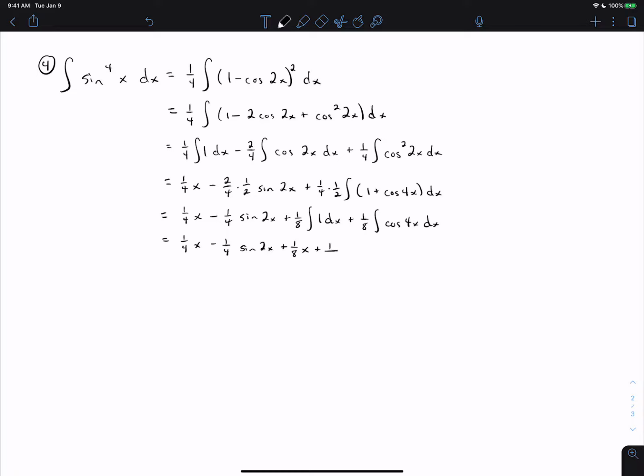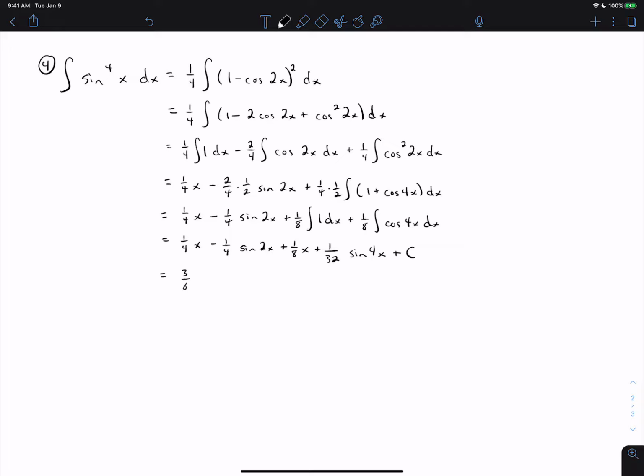On the last one, we get 1/32 sine of 4x because it's a quick u substitution where u is 4x and du is 4 dx. So then we multiply inside by 4 and outside by 1/4. 1/8 times 1/4 is 1/32. So then we combine the 1/4 x and the 1/8 x.